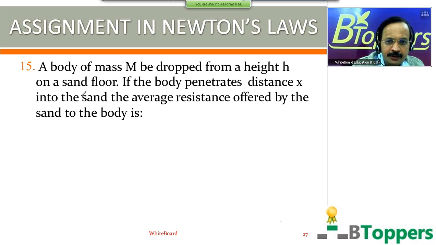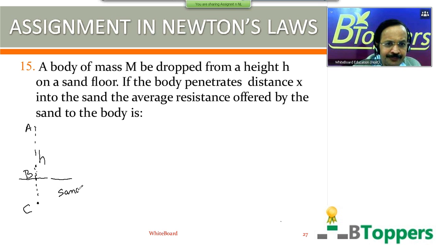So let us suppose the body first moves from a position A to the position B before it enters into sand. Let us suppose the body penetrates from position B to the position C in sand.